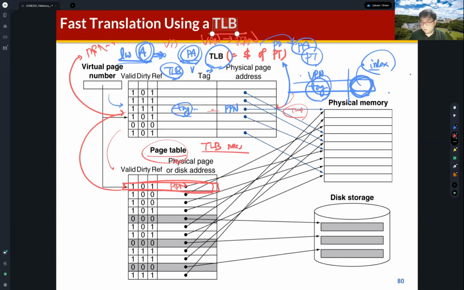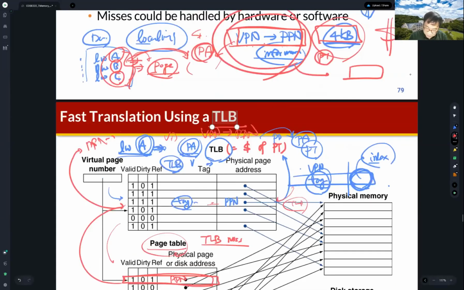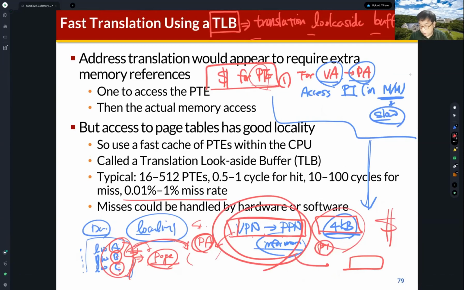Okay, so this is a very good idea, right? As I mentioned, when the virtual address is translated to the physical address, this translation is done at page granularity, and the page size is usually 4 kilobytes. So we can observe very high locality for page table entry accesses.